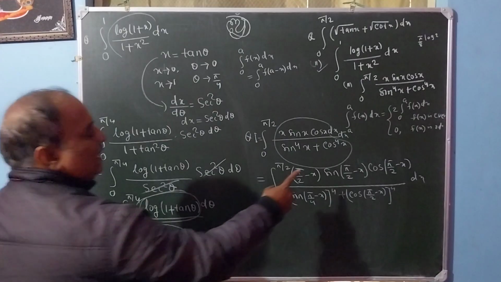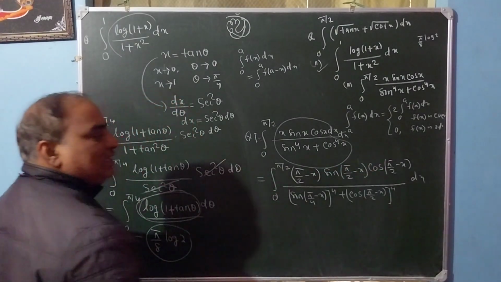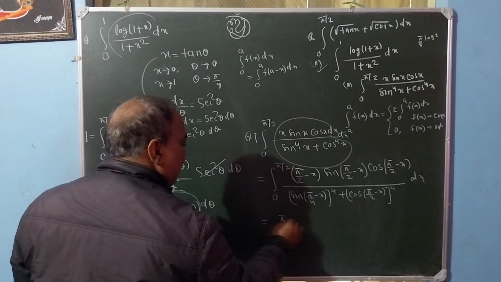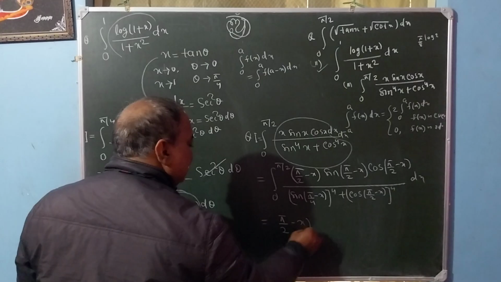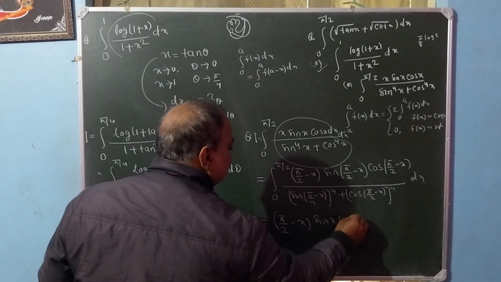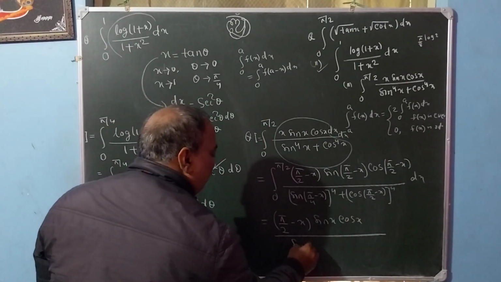So that can be written as sin pi by 2 minus x, that is cos x, and cos pi by 2 minus x, that is sin x. So the integral becomes pi by 2 minus x, here it is sin x into cos x divided by sin to the power 4th x.